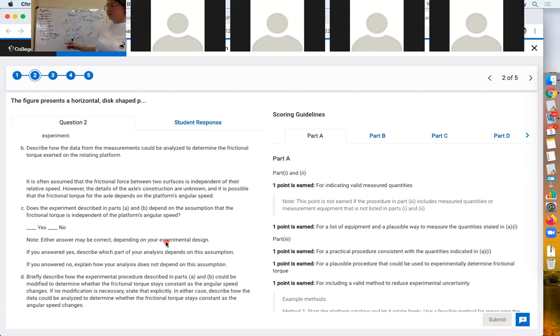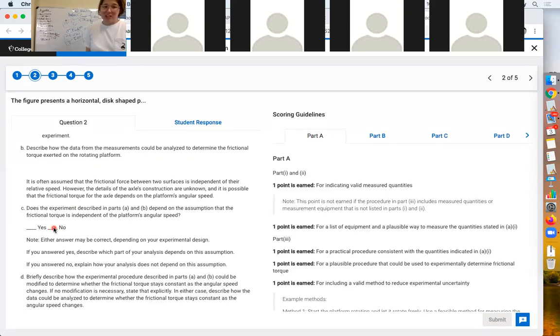So if you were, say, Navi, and he was pulling it so that it didn't accelerate, when he pulled it, was it going the same speed every time? If it was going the same speed every time, then no, his problem does not depend on the idea that the torque does not depend on how fast it's going. However, if his speed was constantly changing, then he's assuming that the frictional torque is the same regardless of how fast it's going.